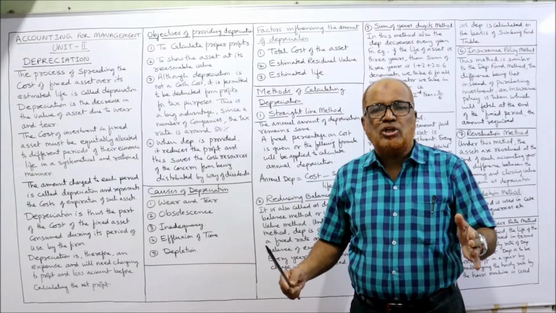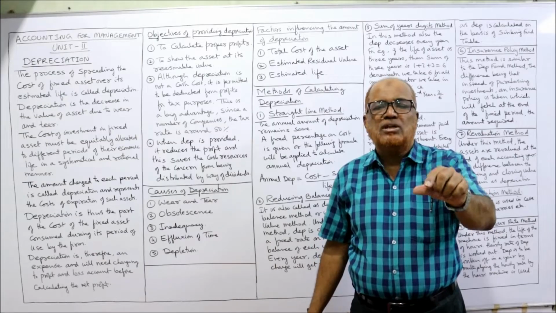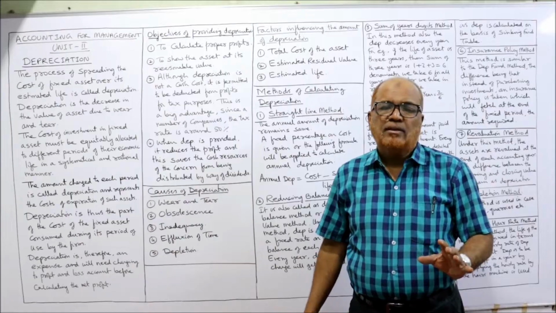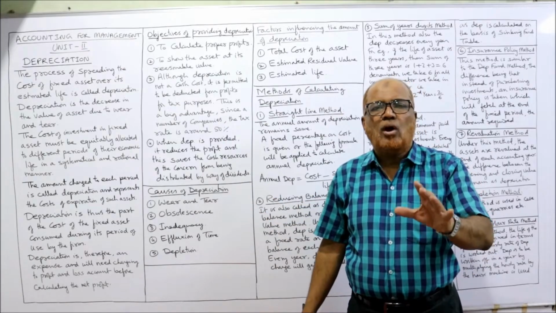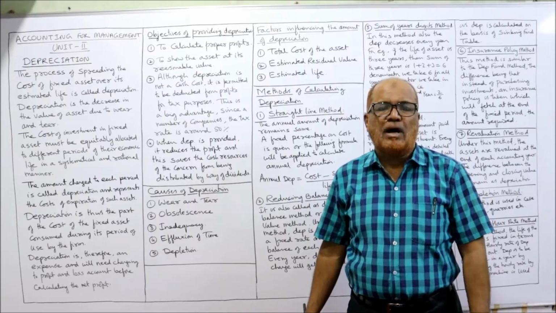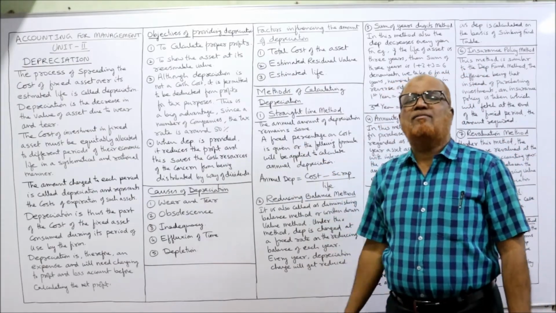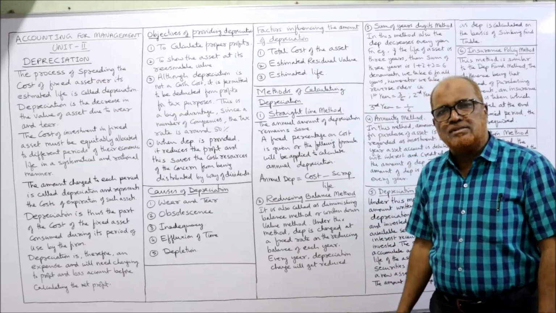For example, a machine. The machine manufacturer has declared that this machine has an estimated life of 10 years or 15 years. That means even after 15 years it will give service. But normally we guarantee that this will give service up to 10 years, up to 15 years. Like this is the estimated life. So these three are the factors which must be considered in order to calculate the depreciation.